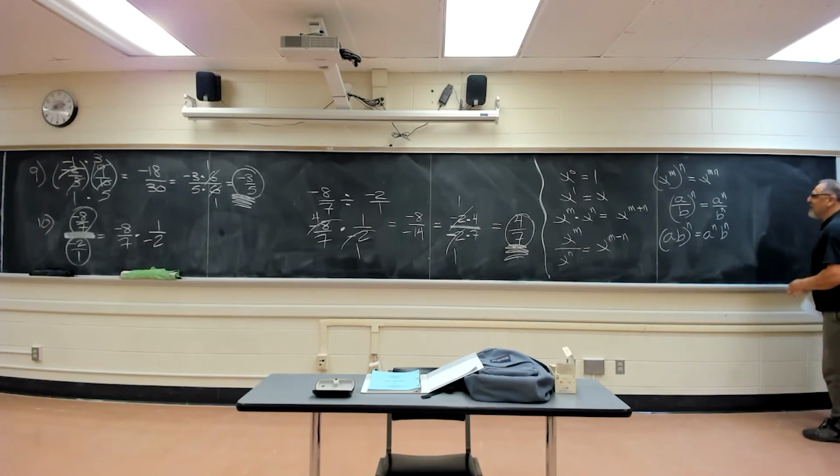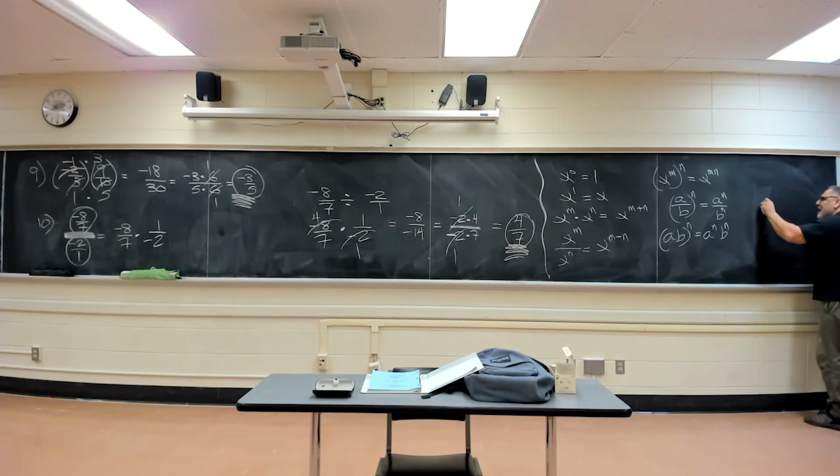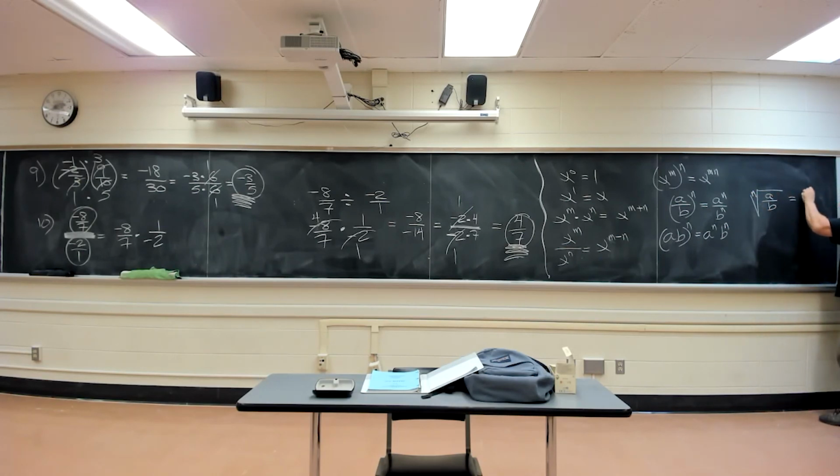Later on, they pull very similar stuff with us when they talk about taking the root of something. Like I'm going to take the root, the nth root, the square root, the third root, whatever root that is, the nth root. The nth root of a ratio is the ratio of the nth roots.